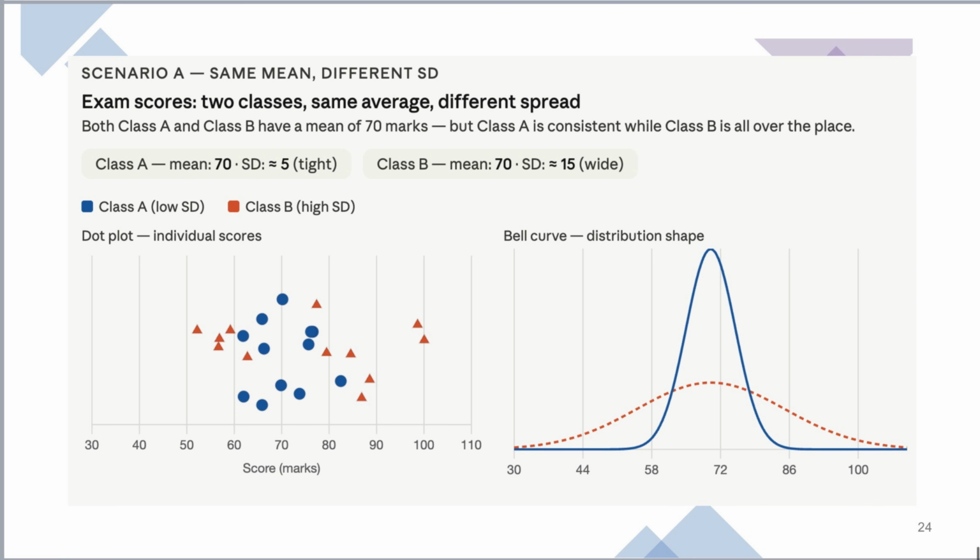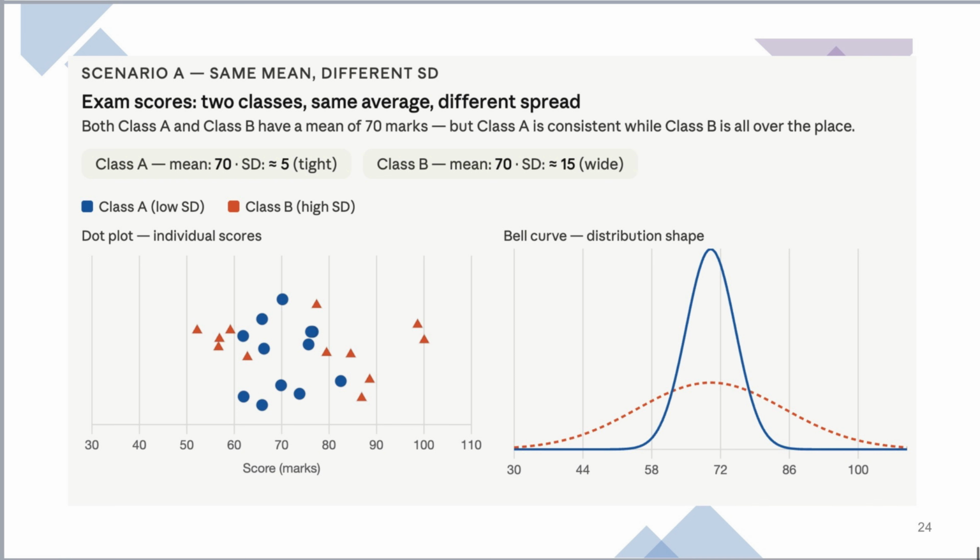Here you can actually visualize the difference between a small and a large standard deviation. With the small standard deviation, the scores stay close together around the mean, so the data looks more concentrated. But with a large standard deviation, the scores are more spread out, meaning the data is less consistent.